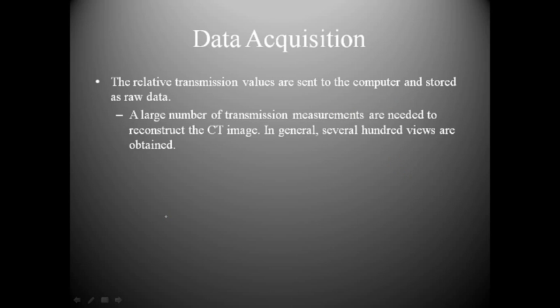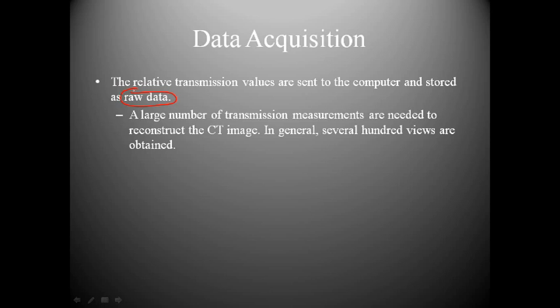So then the relative transmission values are sent to the computer and stored as raw data. And so that's another thing to keep in mind. It's not data that has been formatted, but it's raw data. A large number of transmission measurements are needed to reconstruct the CT image. In general, several hundred views are obtained.